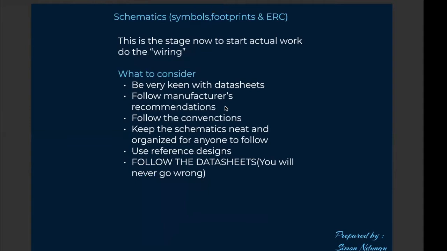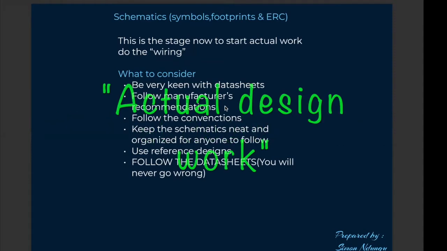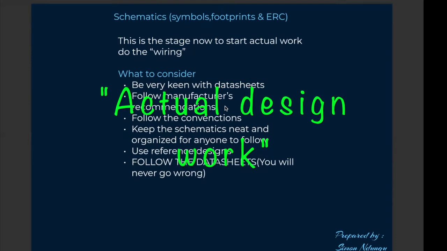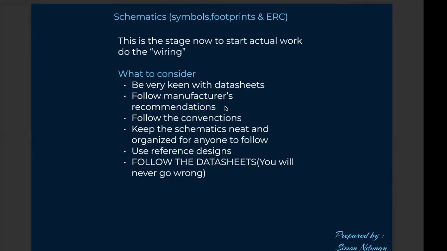Then after you are settled with that, the next process is we start doing the schematics. These are the actual wiring that we do, or rather the first steps into actual design. We do schematic designs here. What to consider is you have to be very keen with datasheets here.